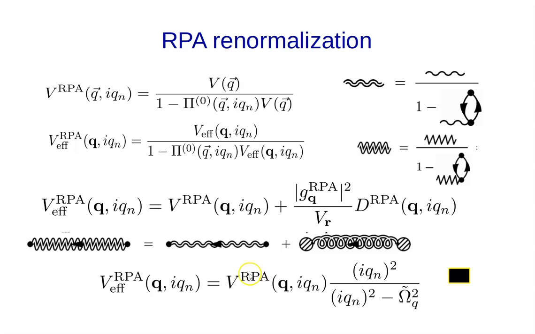It is essentially the RPA interaction times iQn divided by iQn squared minus a renormalized plasma frequency that now depends on Q. And we're going to argue that it depends on Q linearly. So we're essentially talking about effective acoustic phonons here. So let's go to the blackboard and see how we get this expression.